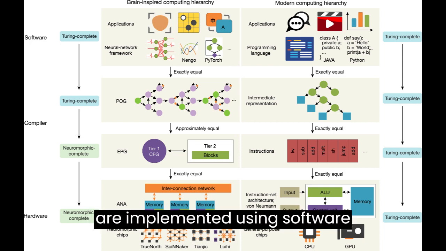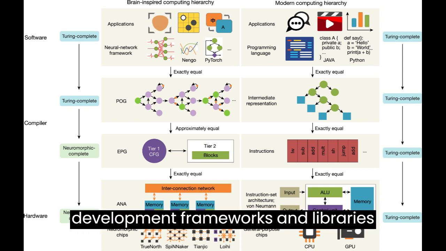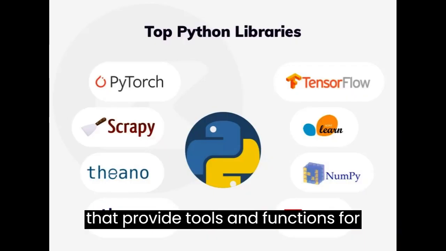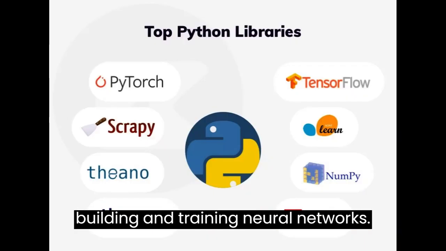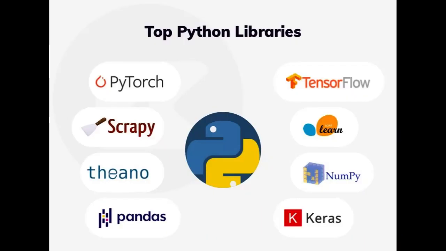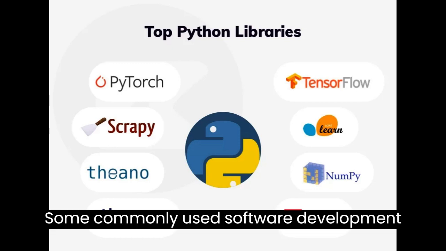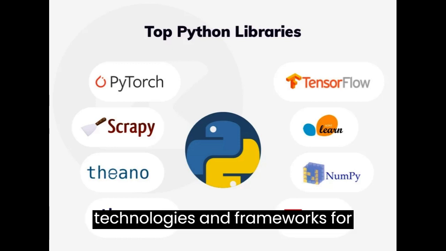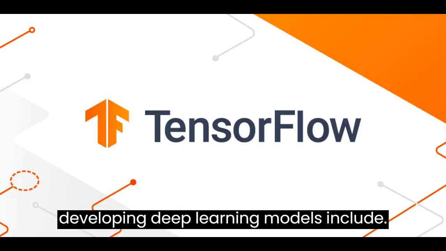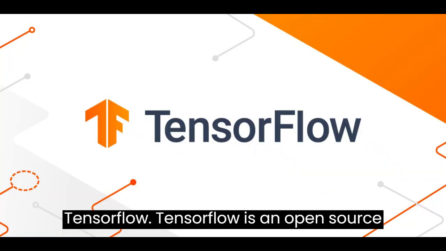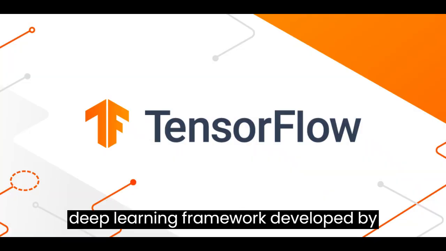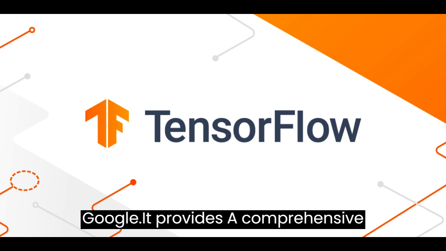These models are implemented using software development frameworks and libraries that provide tools and functions for building and training neural networks. Some commonly used software development technologies and frameworks for developing deep learning models include TensorFlow. TensorFlow is an open-source deep learning framework developed by Google.